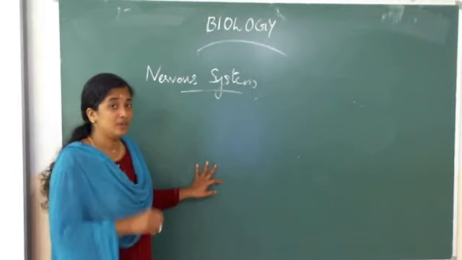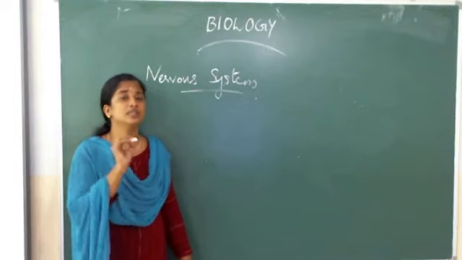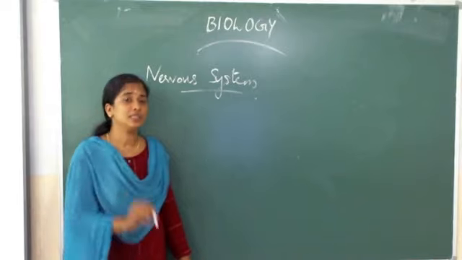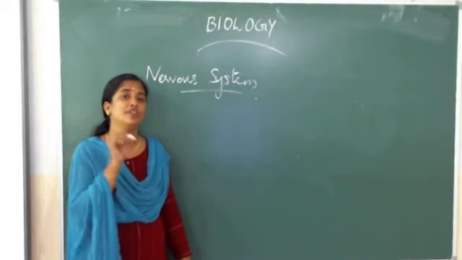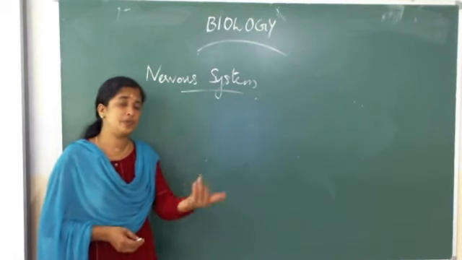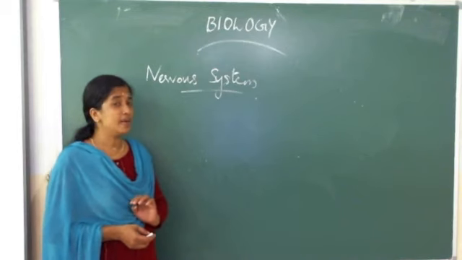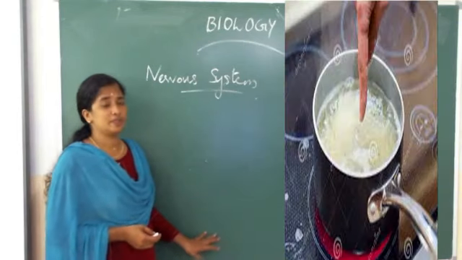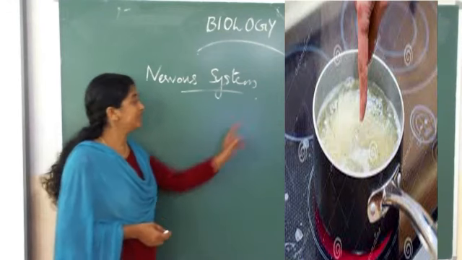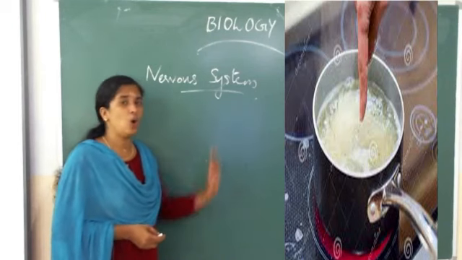We know in our surroundings all living organisms respond to stimuli. The response is one of the important characteristics of a living organism. For example, look at this picture. Imagine it is a hot pan.